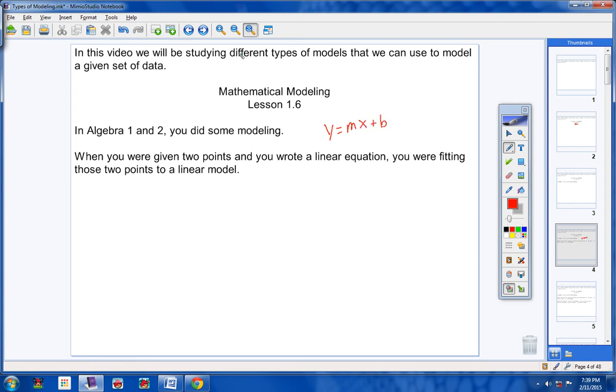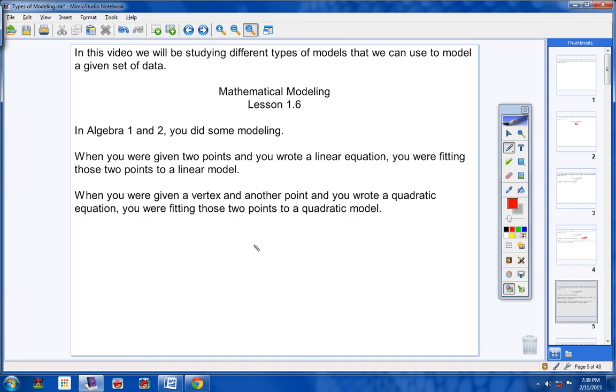Also, in Algebra 2, when you were given a vertex and another point, and you wrote a quadratic equation, you were fitting those 2 points to a quadratic model. I've not written this model for a long time, so I'm probably way off. I think it was something like y equals a times (x minus h) quantity squared plus k.